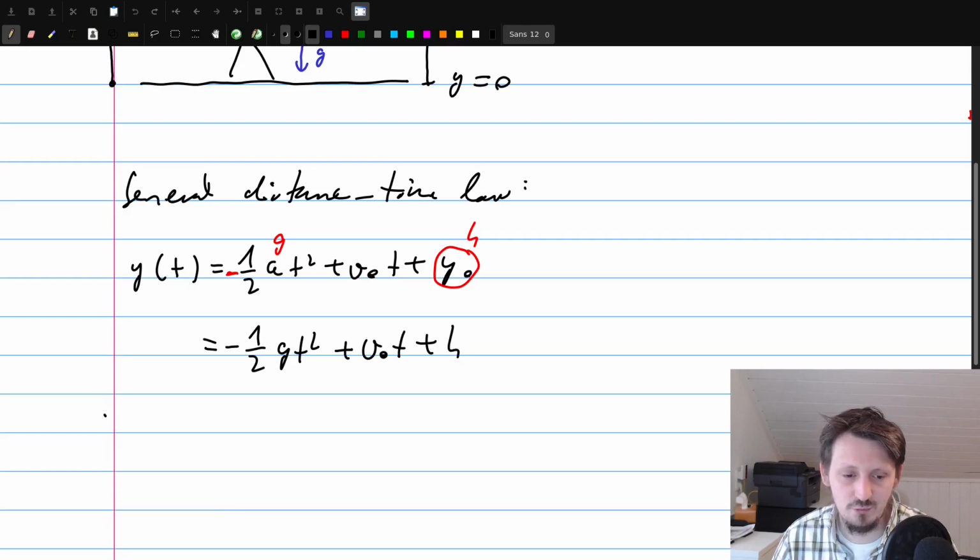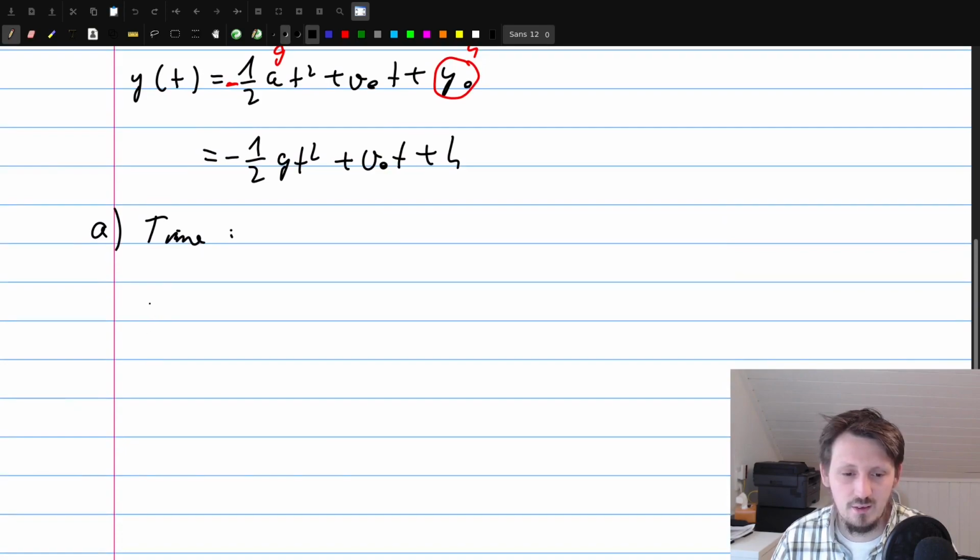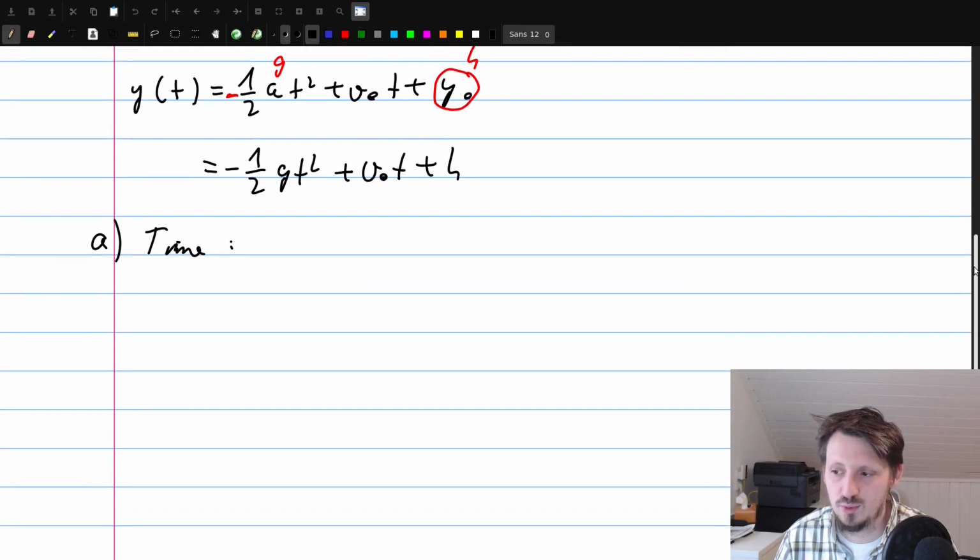So now we start first with part A, of course, the calculation of the maximum height. And in order to do that, we first calculate the time which is required in order to reach the maximum height. So we first have to define a condition which has to be fulfilled for the stone to reach the maximum.